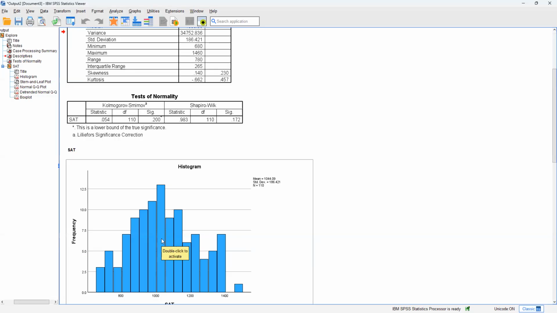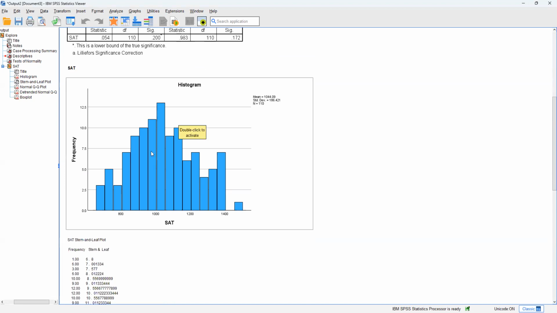If it does, then the test statistic with a given number of degrees of freedom is going to have a p-value, or a significance value, of less than 0.05. This significance value is 0.20, so it's above 0.05, and therefore it's not significant. And we would say our distribution is not significantly different than normal. So the assumption underlying the one sample t-test appears to be satisfied in this case.